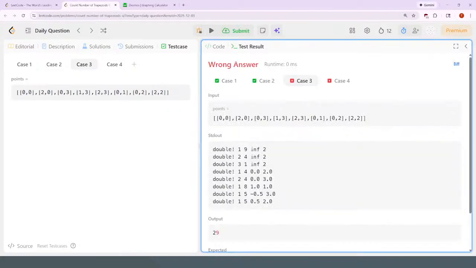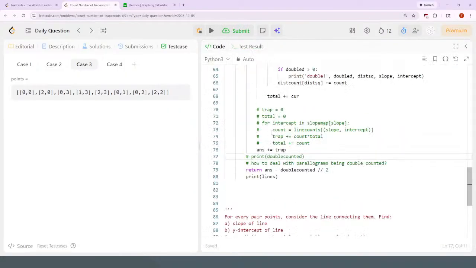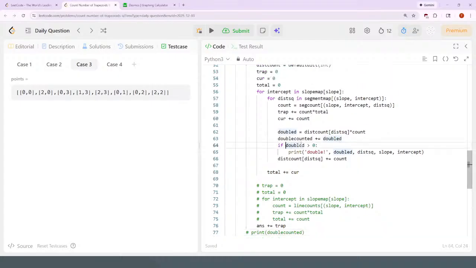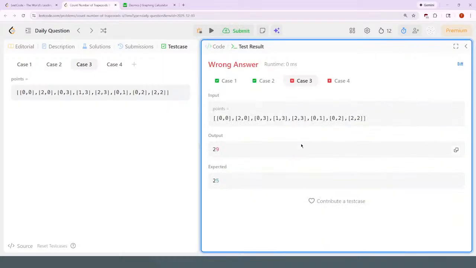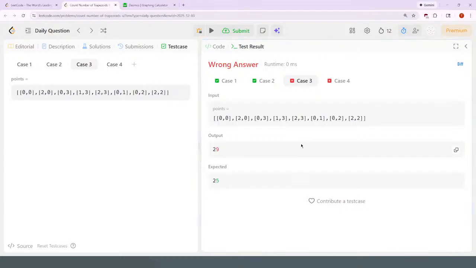I think I cleared up all this code concept stuff. Okay, this should print out this stuff.